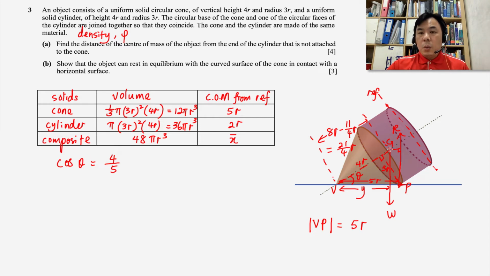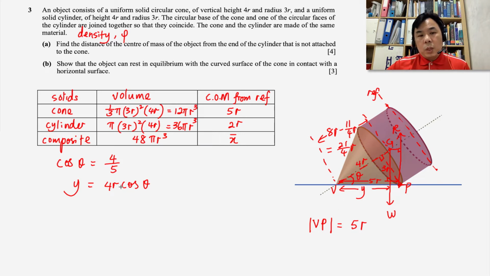Okay, now we're going to look at the other triangle, BGW. This triangle here, BGW. Now, based on this triangle, we can take a trigonometry ratio. We'll say that in order to calculate the length of y, we can take 4r cosine theta. 4r cosine theta will give us the length for y.